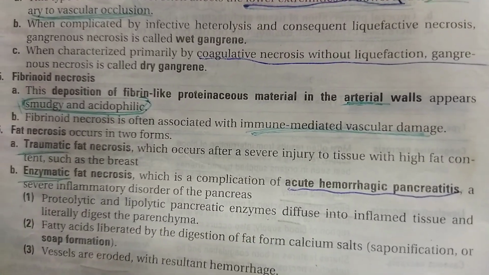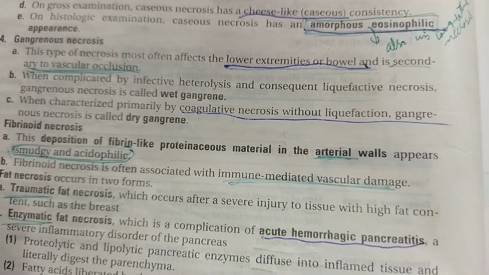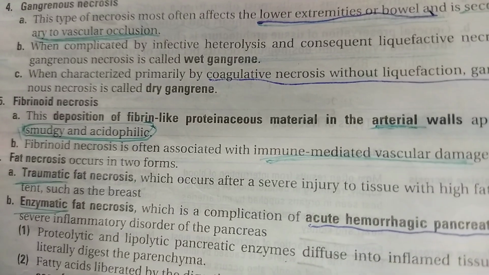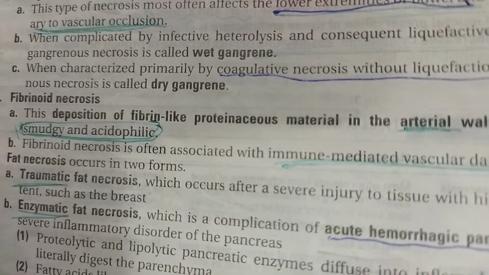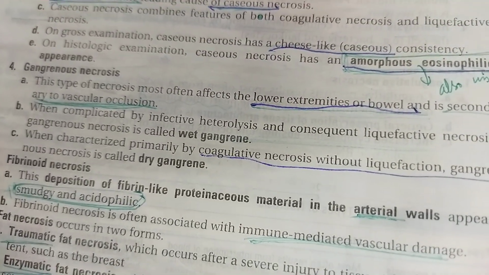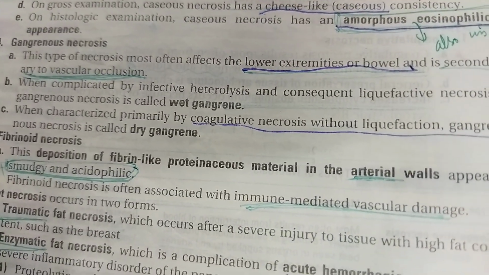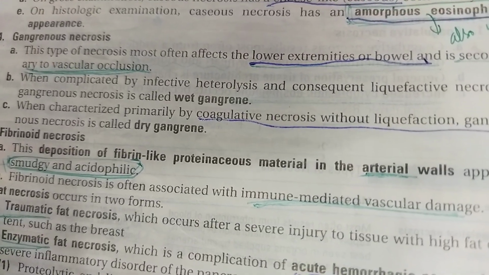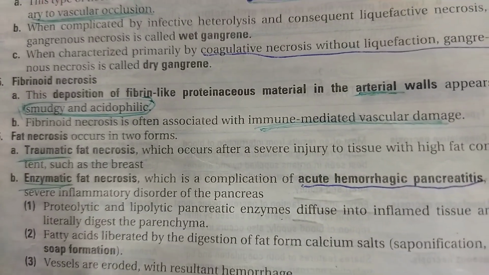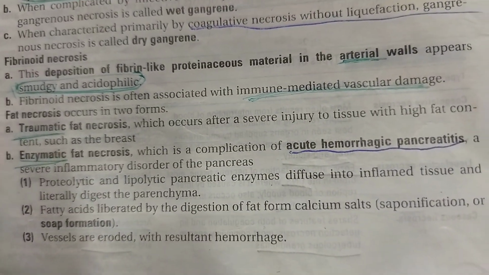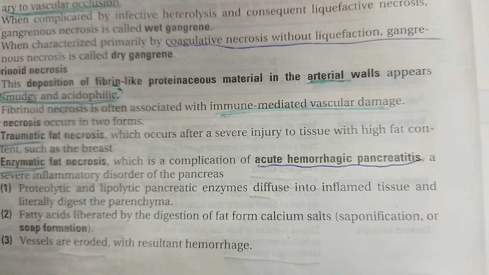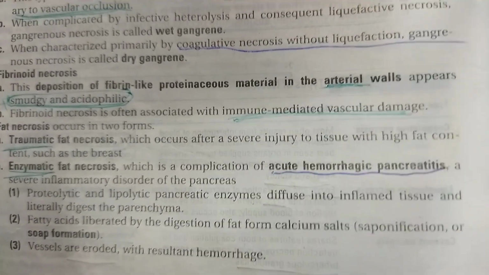In fibrinoid necrosis there is acidophilic appearance, while in caseous necrosis there is amorphous eosinophilic appearance. Keep these things in mind. These are important things to remember. Fibrinoid necrosis is often associated with immune-mediated vascular damage. It is a vascular pathology.